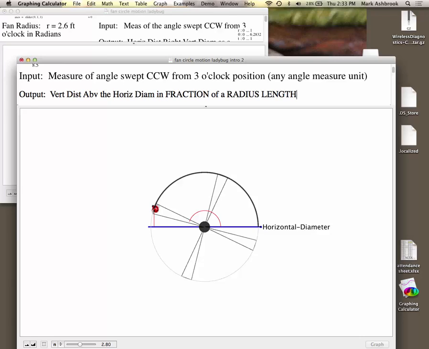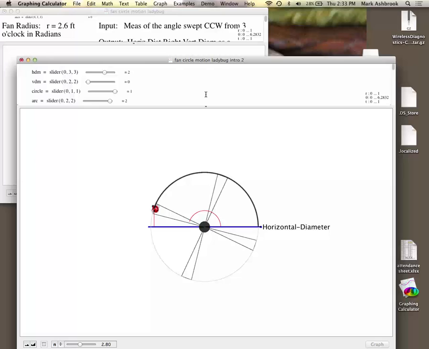Okay? So what's the other function that we're going to do? The other function will also have the input be the angle measured counterclockwise from 3 o'clock. And for the other output, if we want to pinpoint the location, what reference will we use now? What else do we need?